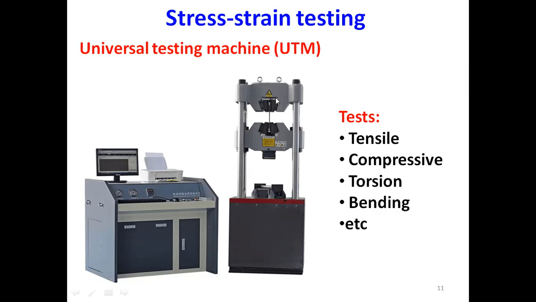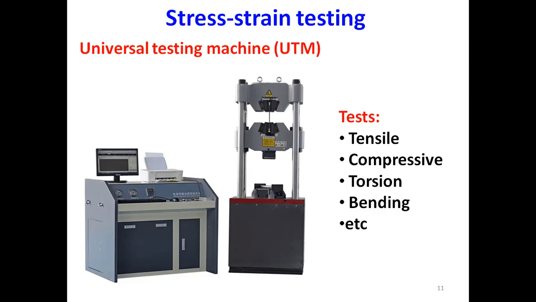All these sensors are connected through the hardware of the machine, and we also have software where programming is done, and the machine gives us directly the values of the stress and strain, or it plots the stress against the strain.